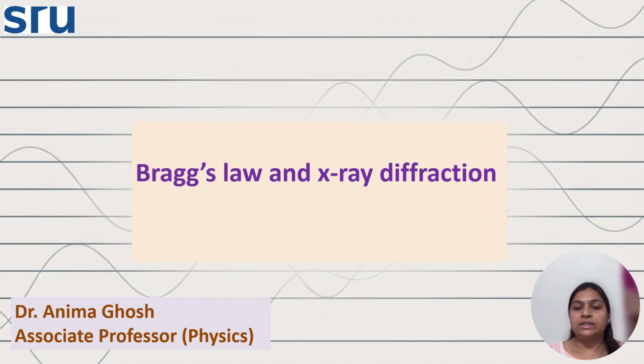Today this X-ray diffraction is beautifully explained by Bragg's law. So we will discuss the fundamentals of Bragg's law, the physical meaning of each of its terms, and how we can use it in real materials.